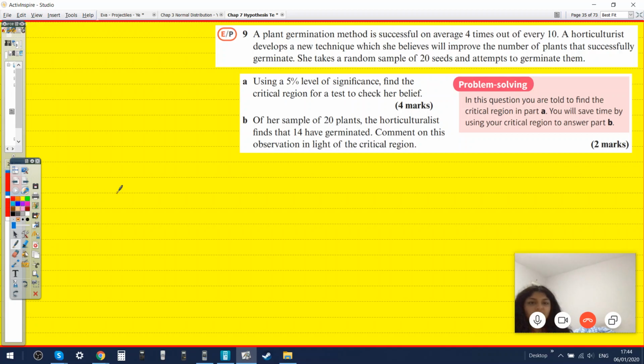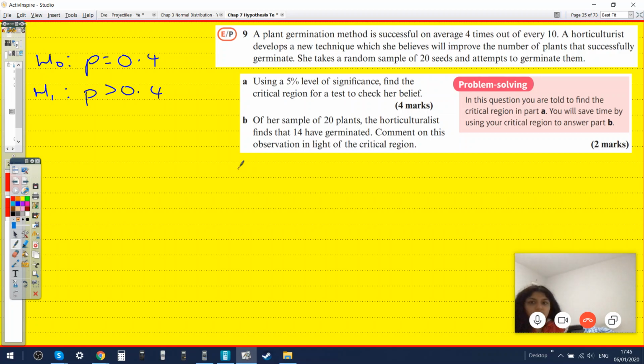So the null hypothesis is P is equal to 0.4. And then the alternate hypothesis is P is greater than 0.4. Find the critical region.